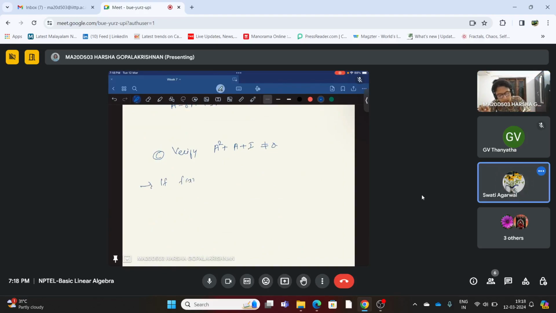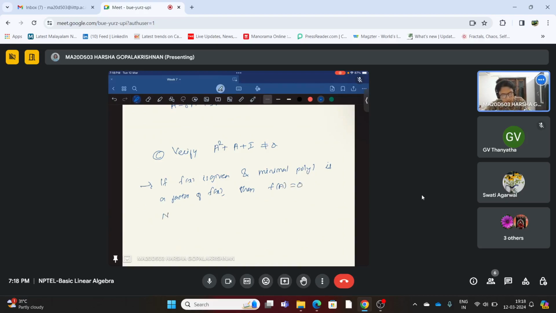If f of x is given and the minimal polynomial is a factor of f of x, then we can say f of A equals 0. You don't need to go deep into this kind of thing. That is why I'm just using the elimination method, removing the wrong options.